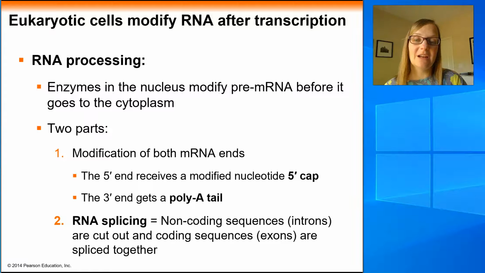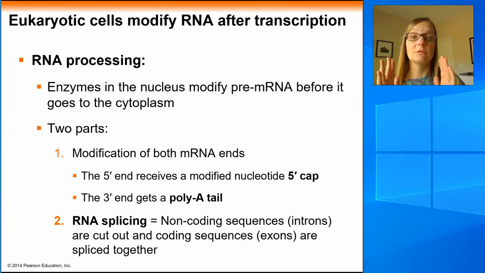I like to think of it as exons, EX. Those are the parts of the RNA that actually exit the nucleus and are translated. And the introns, INT, are kind of intervening. They're getting in the way of the coding parts of the gene. And so what the cell needs to do is remove all the introns and stitch together, or splice together, all of the exons to make one continuous mRNA that, the whole thing, codes for amino acids.